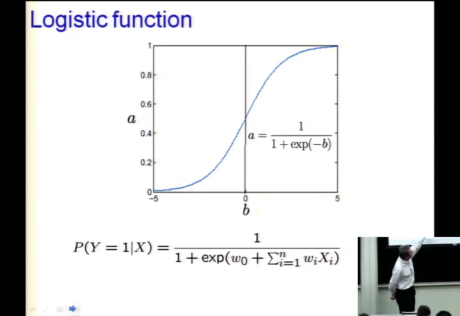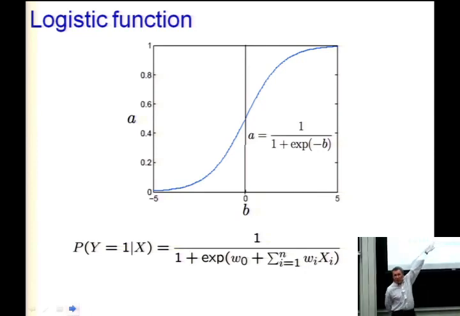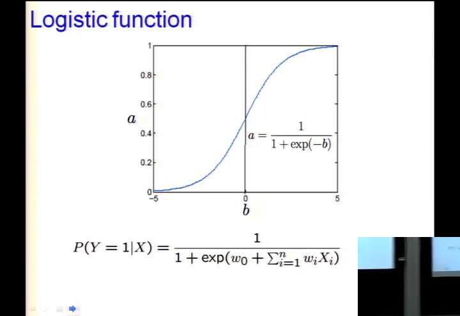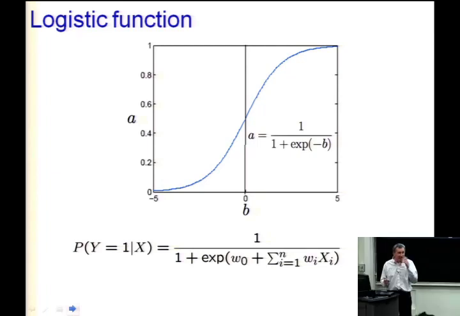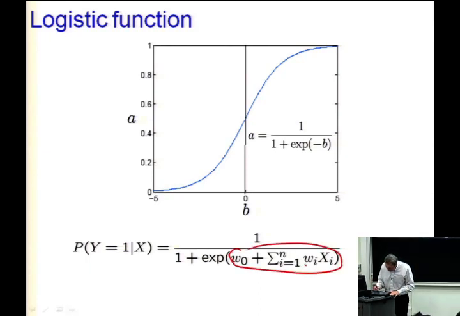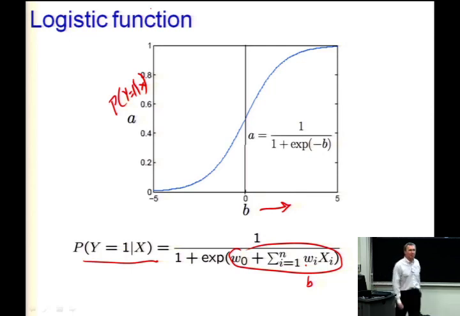So here's our form again. It actually ends up looking like this. So this is a familiar logistic function. Some people call it a sigmoid function. But essentially, if I say this quantity, the linear sum that I'm using, is b, then the probability of y equals 1 given x is of this form.